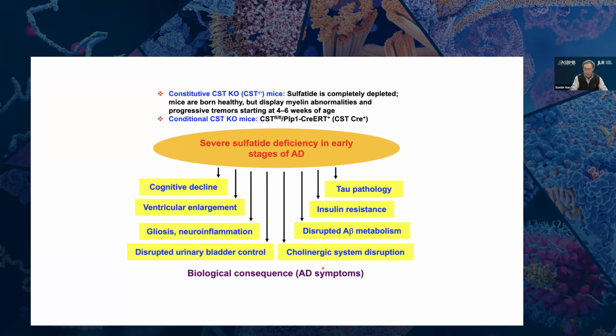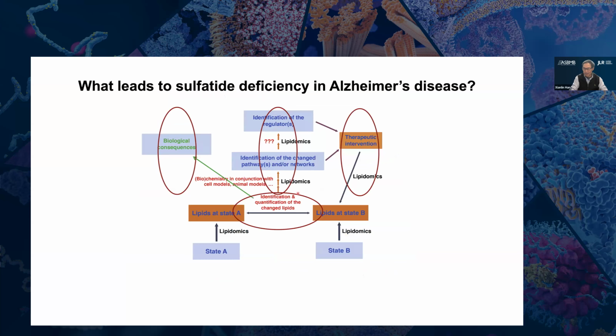Okay, so the next question, of course, for functional lipidomics is what really is the mechanism leading to this kind of sulfatide loss in Alzheimer's disease. From the studies, we found the risk factors for AD could be the mechanism leading to the lipid loss.